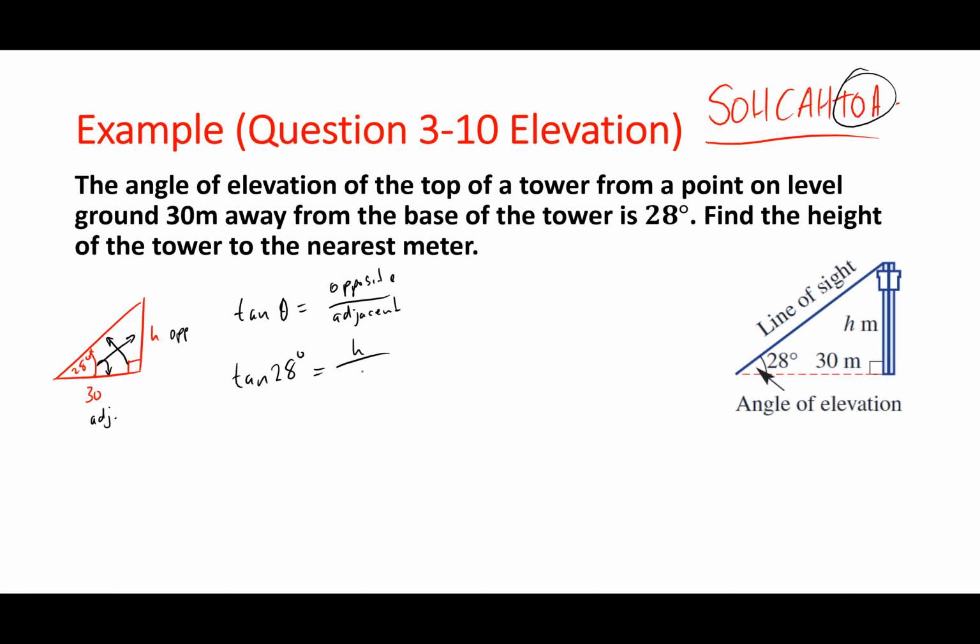Now to remove the 30 from the right hand side, because we want H by itself, we multiply both the left hand and the right hand side by 30. So we get that H is equal to 30 times tan 28 degrees. I'm going to let you guys finish that one off, because it's just a matter of putting it in your calculator, which we've already done. So that one's done.